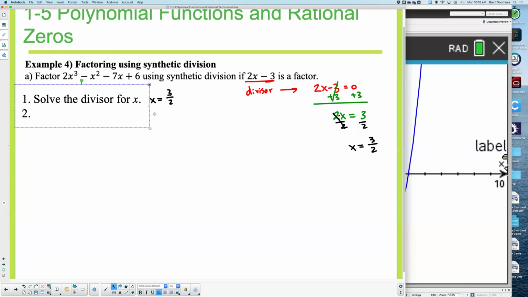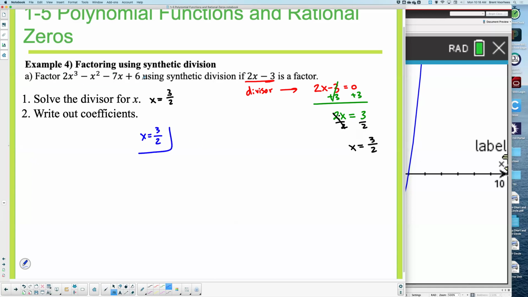Step 2 is we are going to write out the coefficients. What do I mean by that? We're going to say x equals 3 halves. And I'm going to write out my coefficients going across.